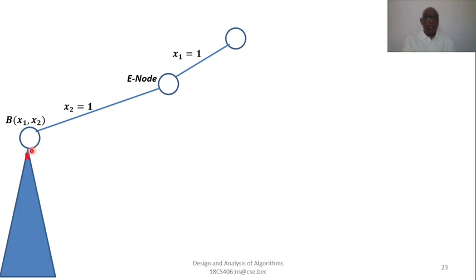Because this node does not satisfy the bounding function, we prune this part of the state space tree and we do not explore the subtree rooted at this node. This process is called killing. So this node is said to be killed.